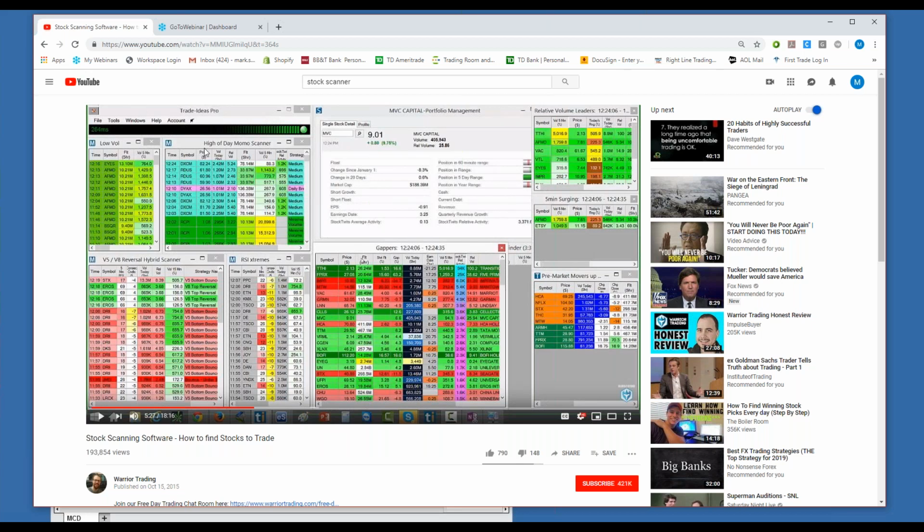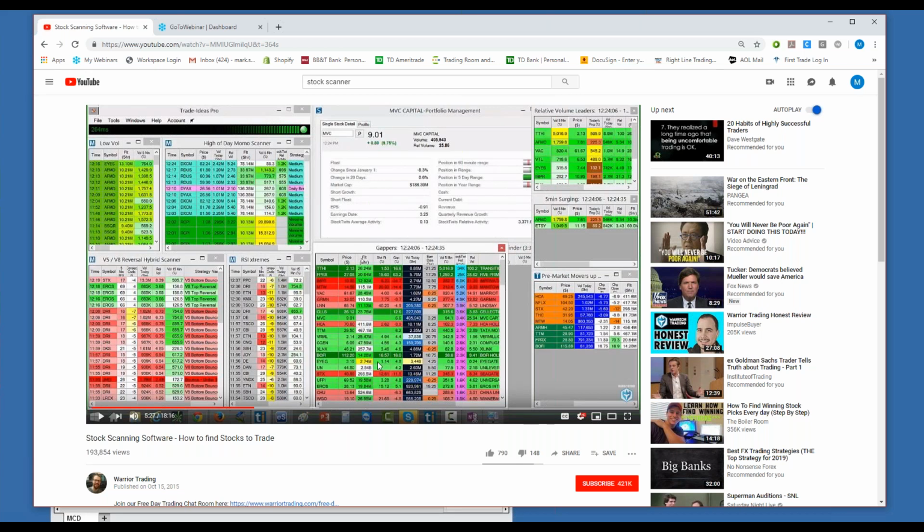So instead of having to look at a window that says low volume, high of day Momo scanner, V5, V8, reversal hybrid scanner, of which I have no idea what that is, RSI extremes. Now, we both know that oscillators can be overbought and oversold for hours, days, weeks, months.